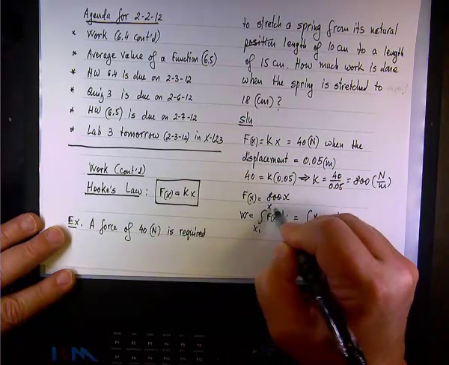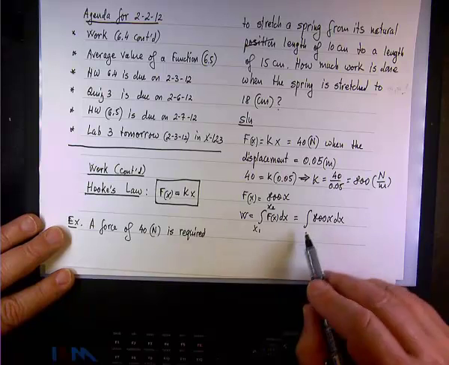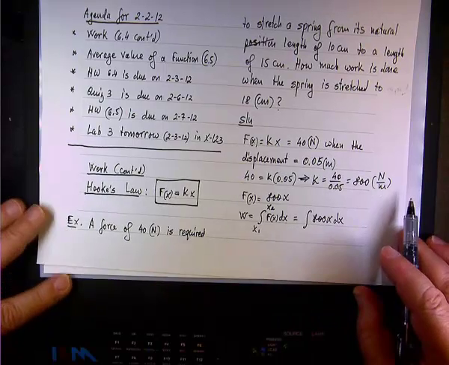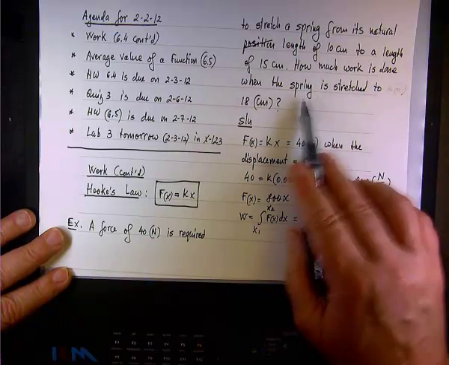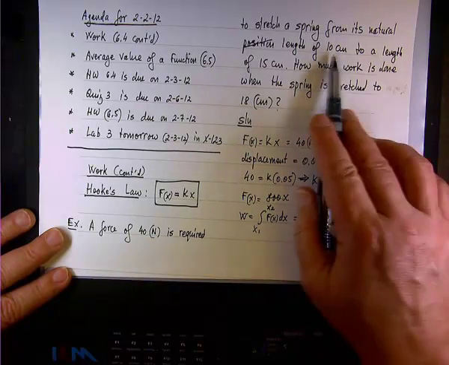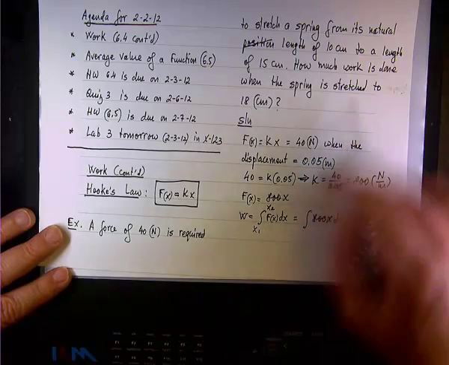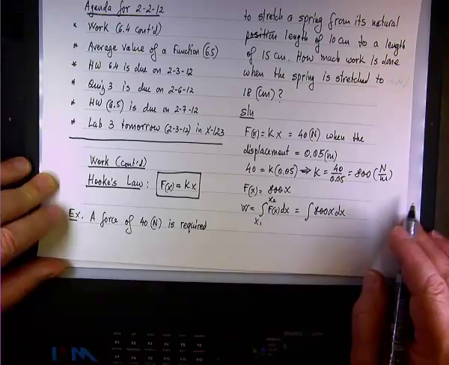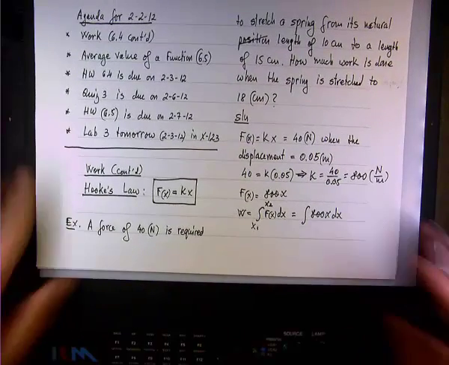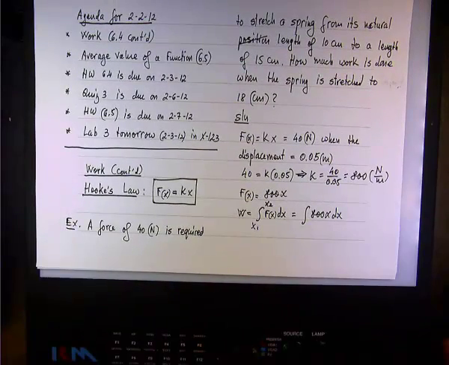It will be from x1 to x2. Specifically, what is x1 and what is x2? We want to know how much work is done. We stretch it from, let's say, 15 centimeters to 18 centimeters. So the initial position will be what? Is it going to be 0.15 to 0.18? What is the displacement originally?